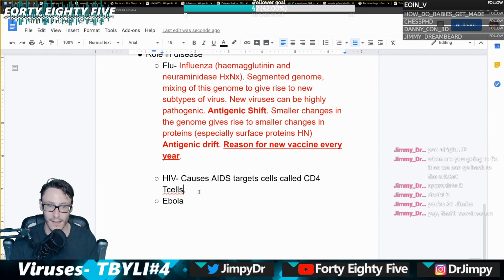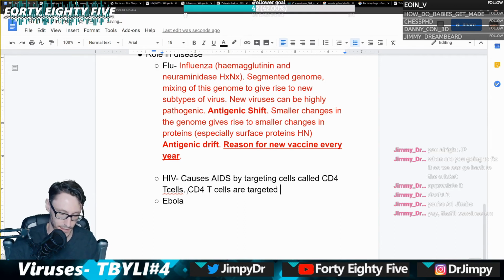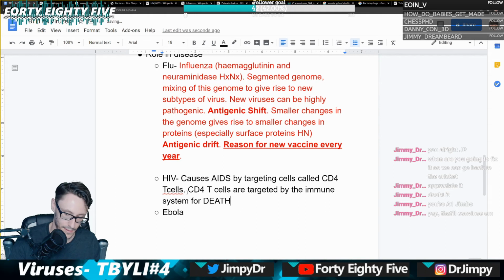So HIV causes AIDS by targeting cells called CD4 T cells, and then CD4 T cells are targeted by the immune system for death. And the result is a weakened immune system.